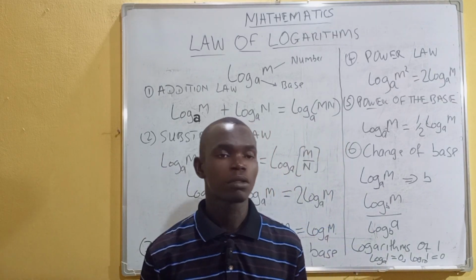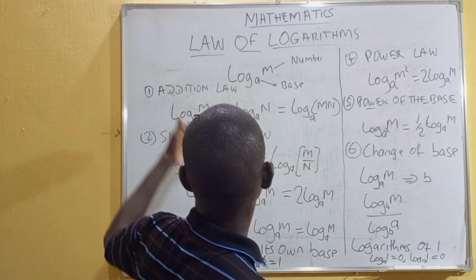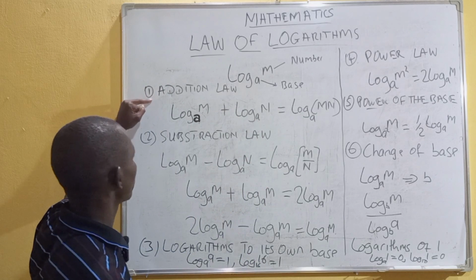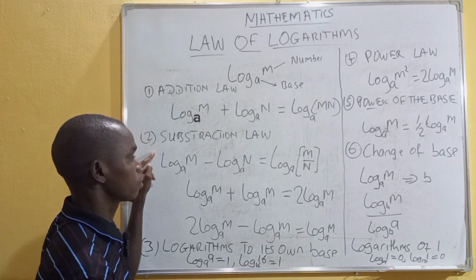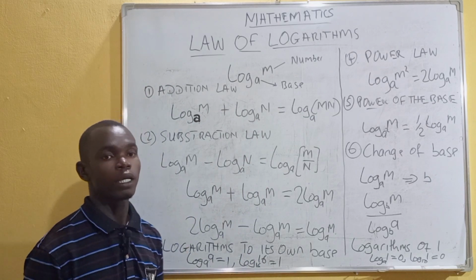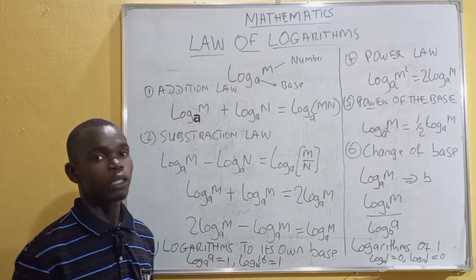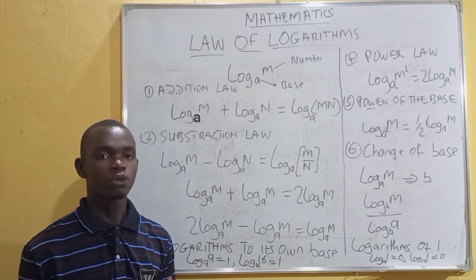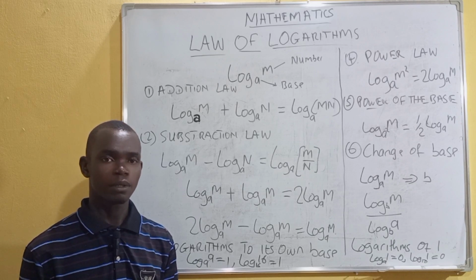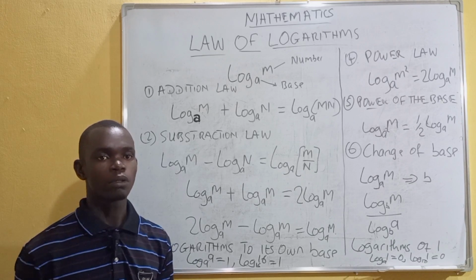If you look at these laws of logarithm, we have law 1, which is the addition and subtraction. As I told you earlier, these two laws are used to reduce or combine complex logarithmic terms to a single log.